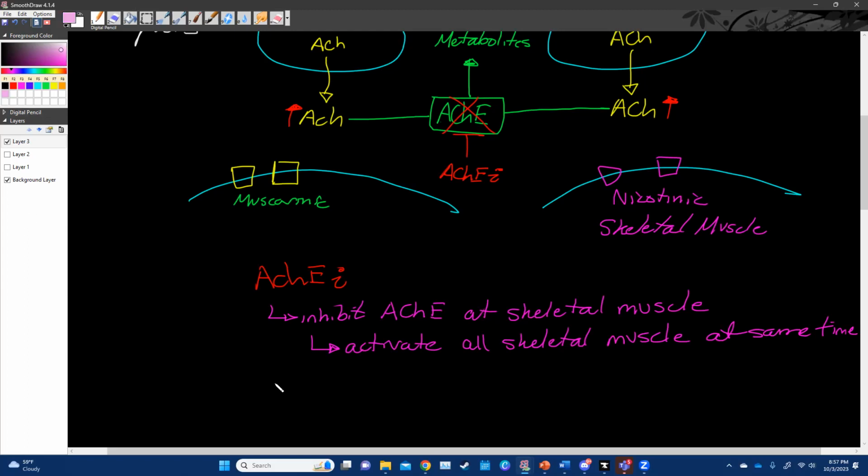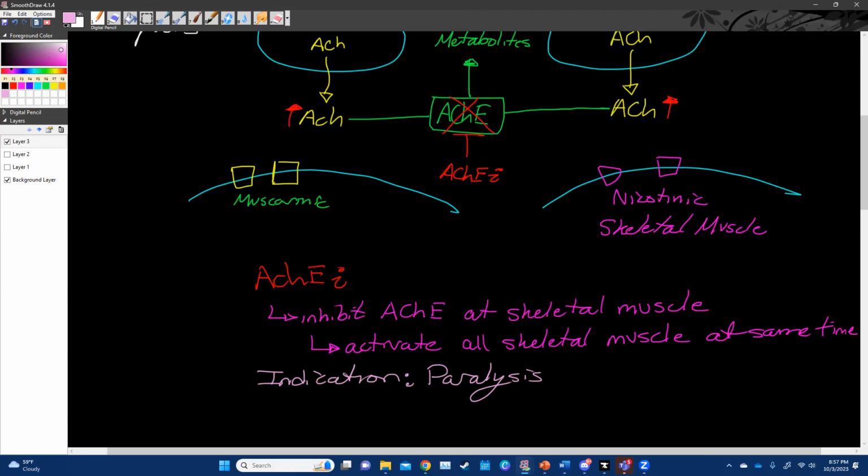The purpose here is paralysis. The purpose of doing something like this is in an emergency situation where it wouldn't be good to have the patient moving around or to have the muscles tensing.